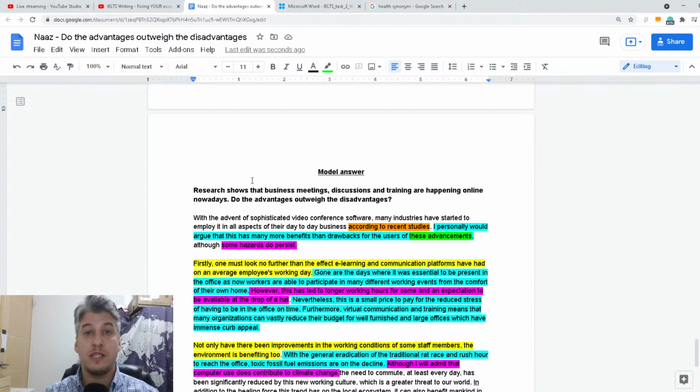So what you wanted to do was to say there are more advantages, but there are also some disadvantages. Now personally, if I was writing this myself, I would go 100%, my opinion being it's all about the benefits, or 100% about all the drawbacks, just because it's much easier to write and I can still get a high score if I go 100% one way or 100% the other way. But Naz, you made it difficult for me, but I've done it for you anyway.